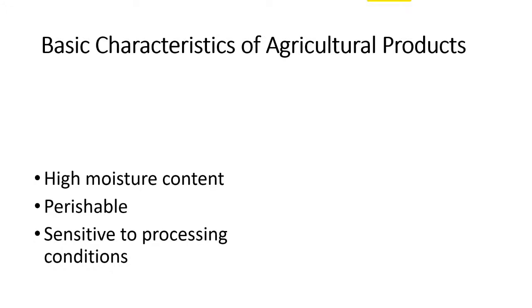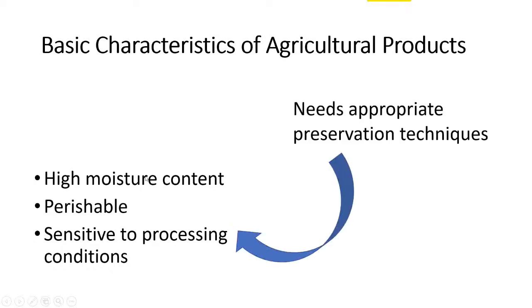The first one is high moisture content, perishable, and sensitive to processing conditions. From these three characteristics, we know that we need appropriate preservation technology in order to get the right product, the right quality, to the consumer.